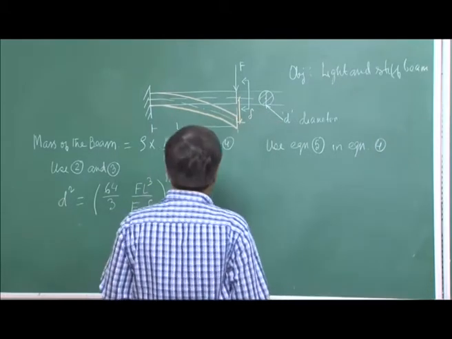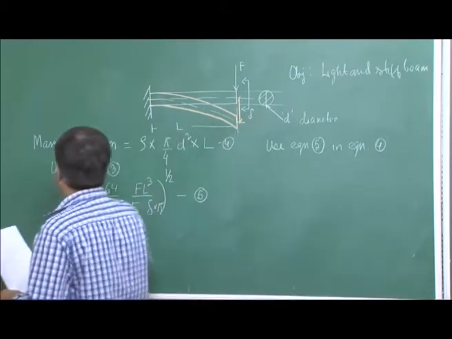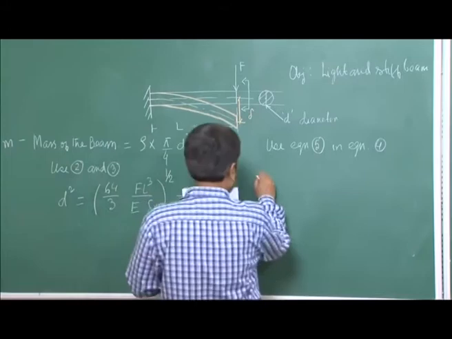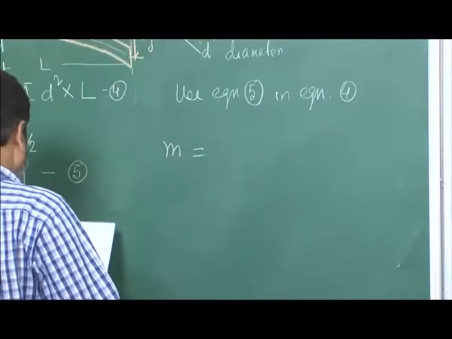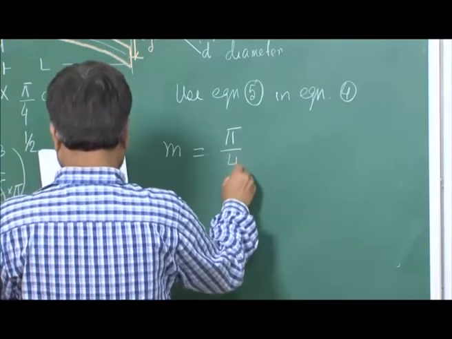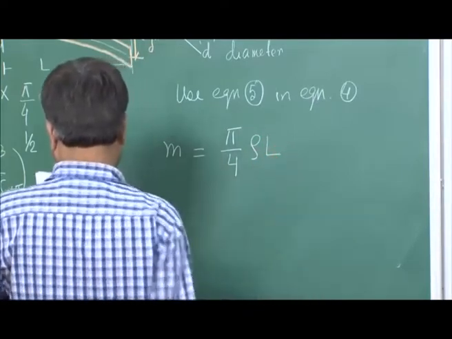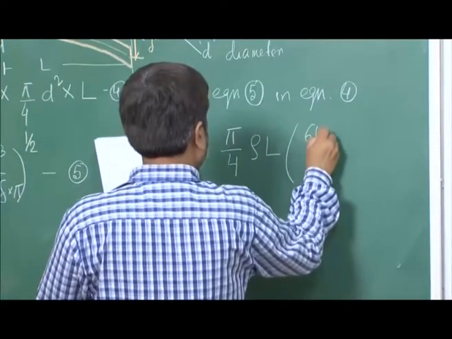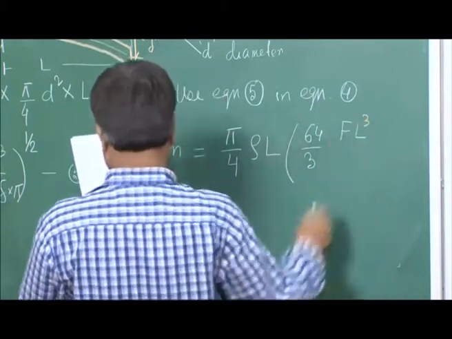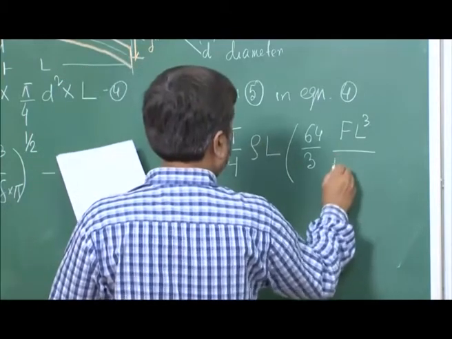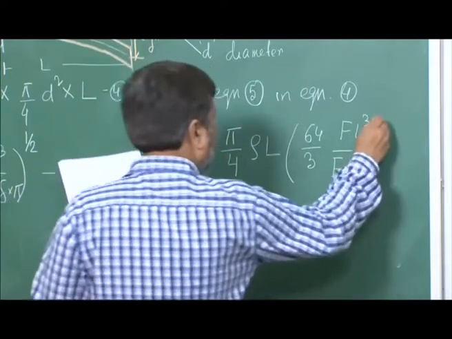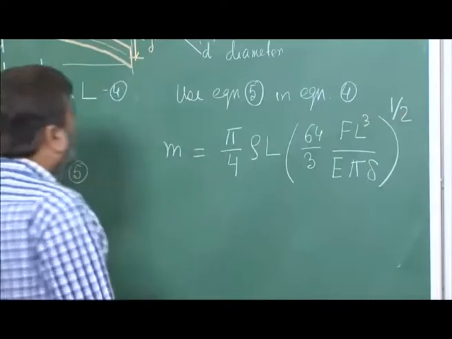If I do that, I can now write the mass of the beam. Let us say the mass of the beam, I denote it as m. So, I can write m equals pi by 4 rho L times the square root of 64 by 3 F L cube by E pi delta, right.